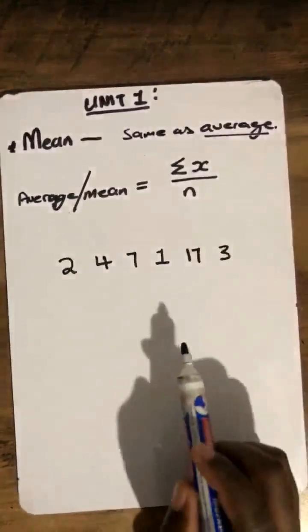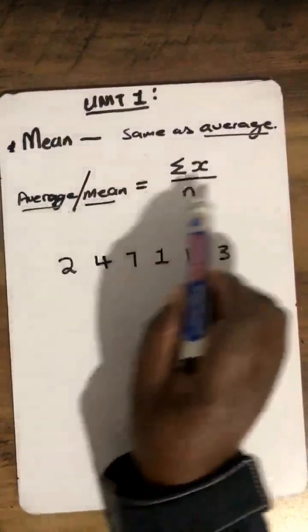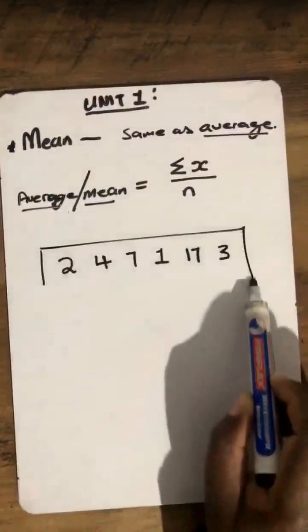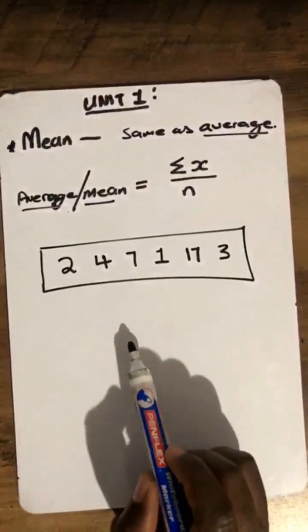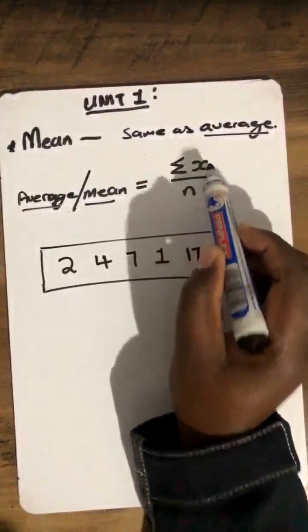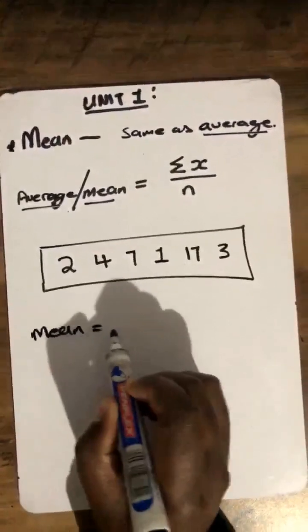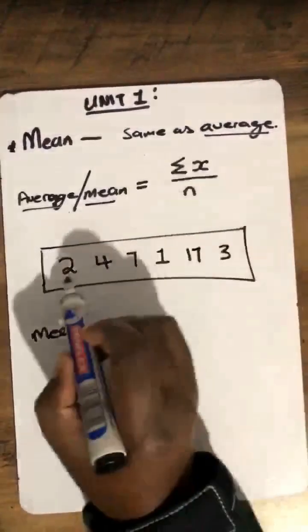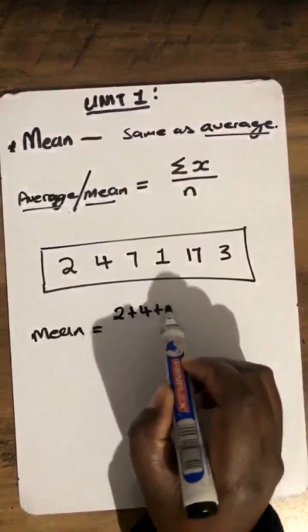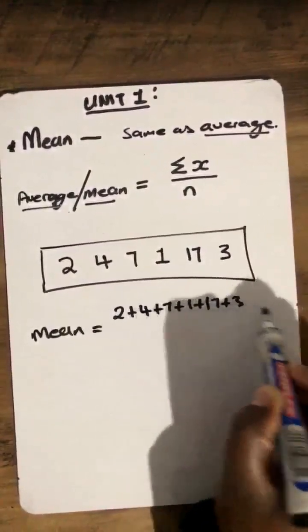So that is why when you calculate the average or the mean, you use that formula based on that data that is given. So how are you going to work it out? This thing which says the sum of the x values, it means the sum of this. So it simply means that 2, you plus it by 4, you plus it by 7, you plus it by 1, you plus it by 17, you plus it by 3.